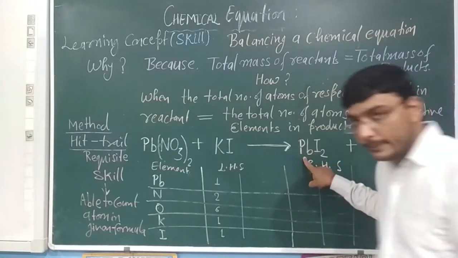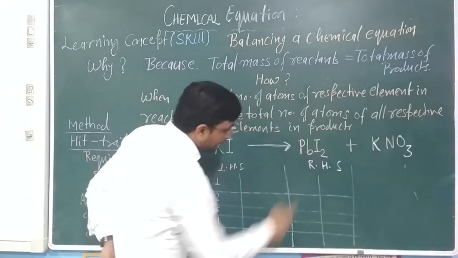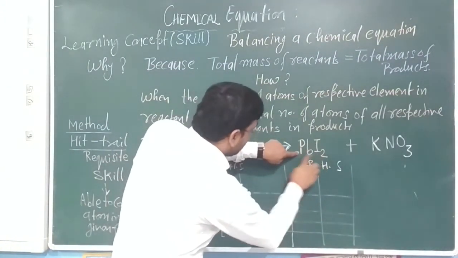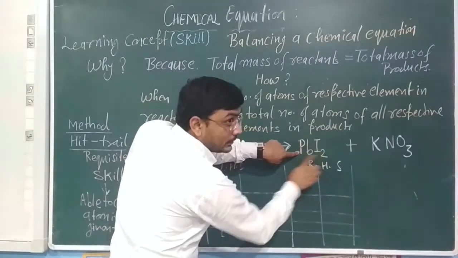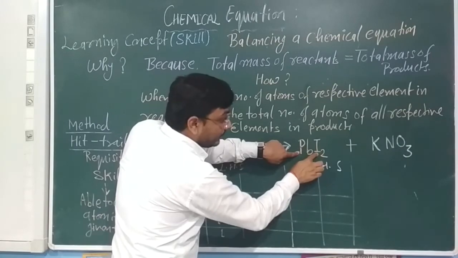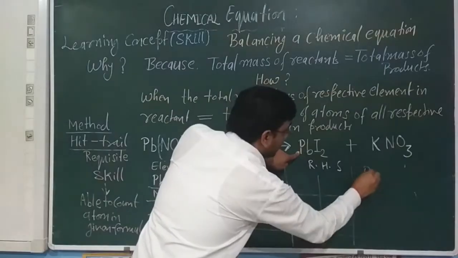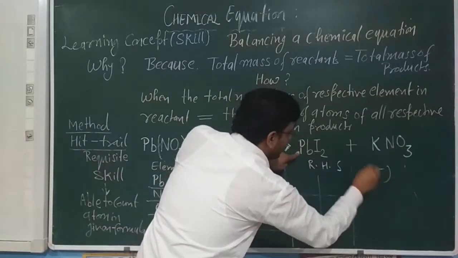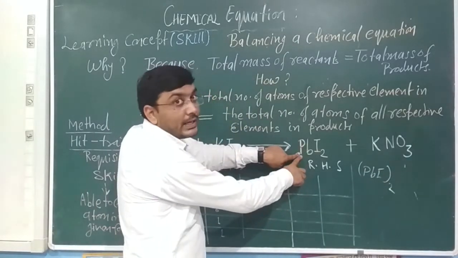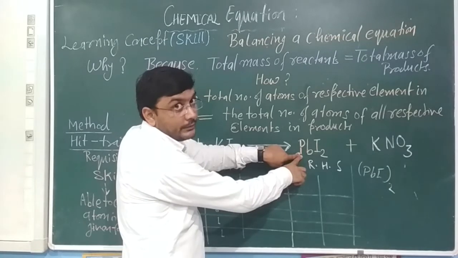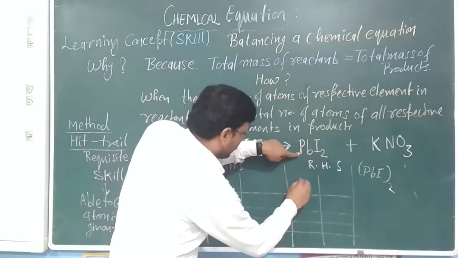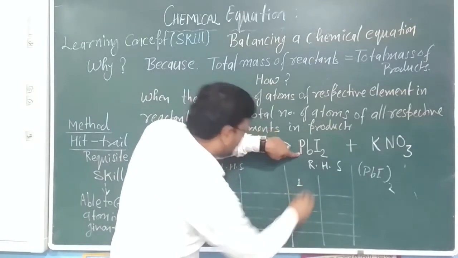Lead: lead 2, it will not multiply because this 2 is related only to iodine. If it were in a bracket, then we would write or count 2 lead. Here we will count only 1 lead. So lead will be 1.